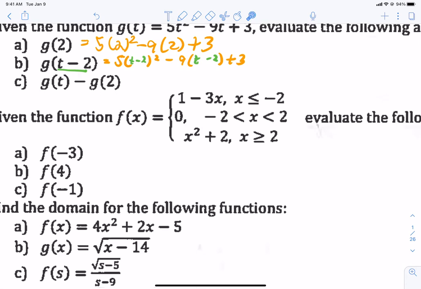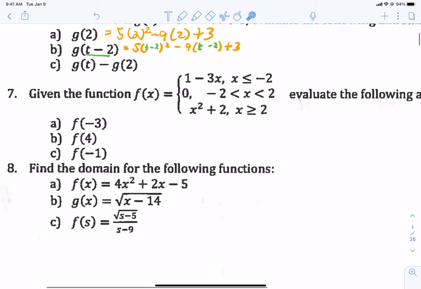If our input is less than or equal to -2, so -2, -3, -4, -7.2, it goes here. If our input is some value between -2 and +2, we always get 0. If our input is bigger than or equal to 2, so 2, 2.7, 9, 100, we do this function and only that function.